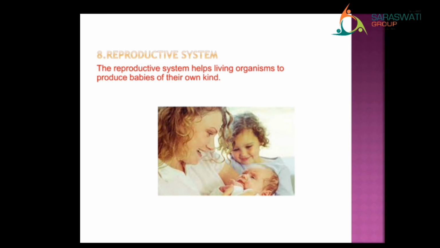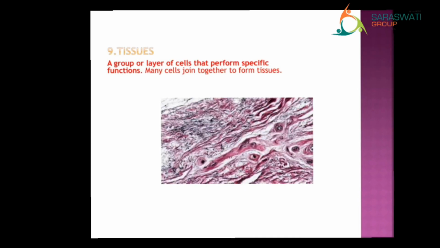Clear? Now, ninth, tissues. A group or layer of cells that perform specific functions. Many cells join together to form tissues. Right kids? A group of cells that perform specific functions are tissues.